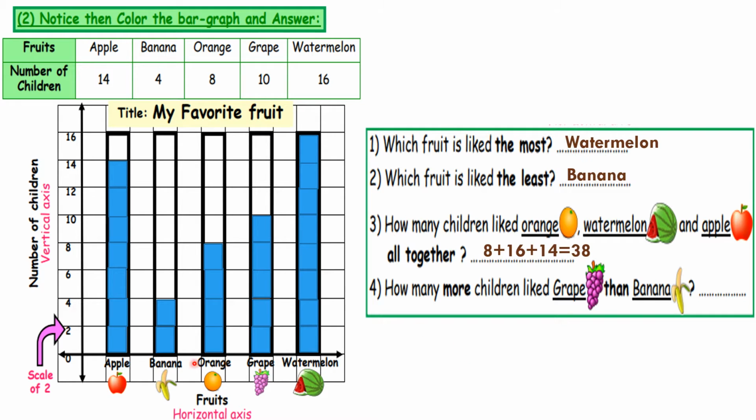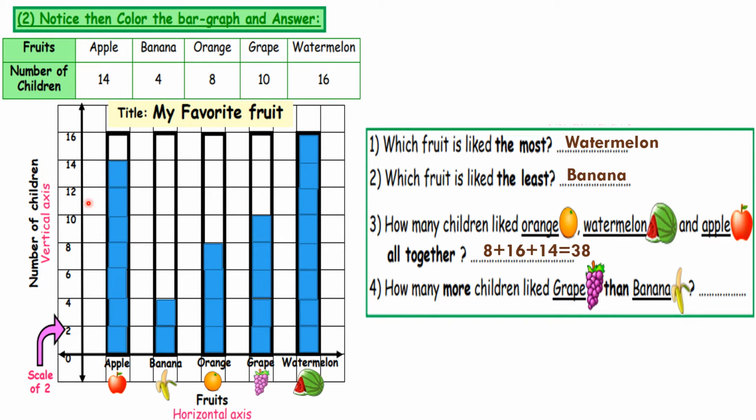So we can count the bars here. I have oranges and apple and watermelon. Let's count the bars. 1, 2, 3, 4. But Miss, you are counting by 1. Yes, and this is keep counting by 2. So every one bar represents 2. So this is 2, 4, 6, 8, 10, 12, 14.